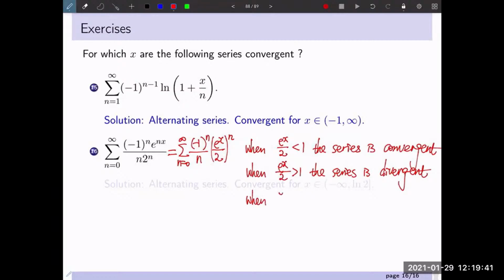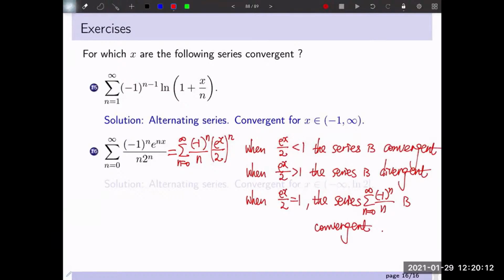But what if this number is equal to 1? In this case, you get an alternating series. When the base number is equal to 1, you simply get this alternating series, and this alternating series is convergent. So to conclude, in the first case and the third case, the series is convergent.